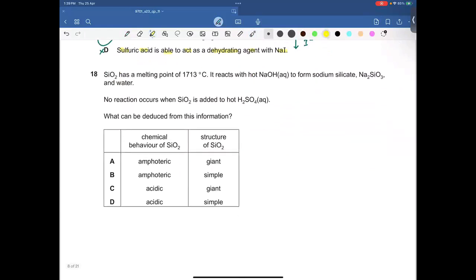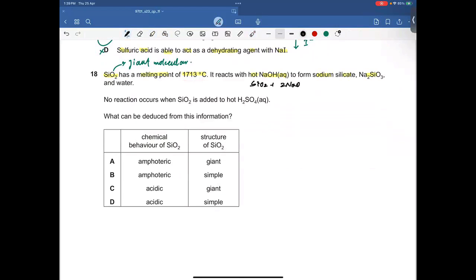SiO2 has a melting point of this. This indicates that SiO2 has a giant molecular structure with strong covalent bonds, so it has a high melting point. Okay, it reacts with hot concentrated NaOH to form sodium silicate. So this must be the case we have done in class.